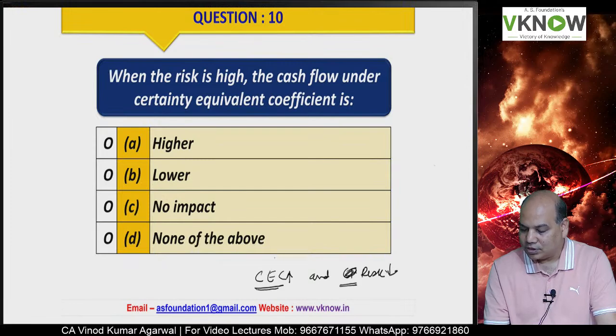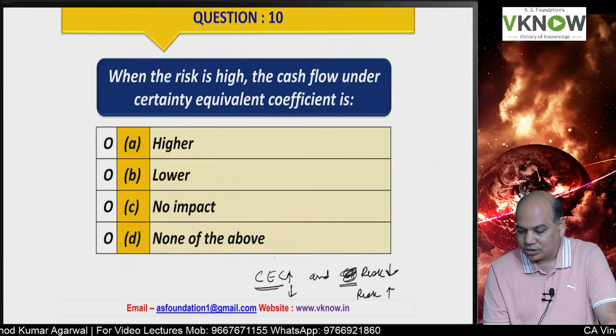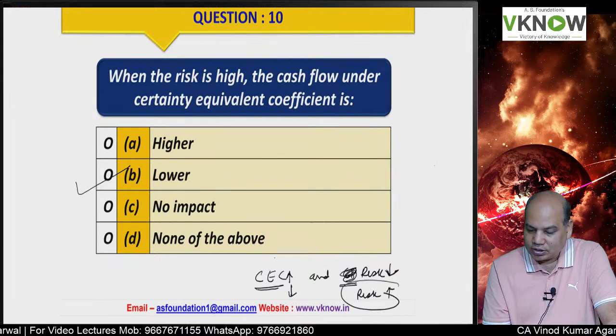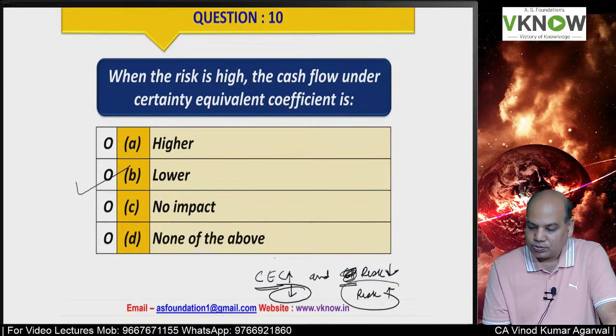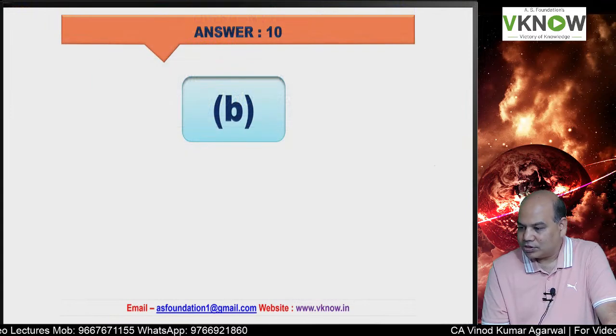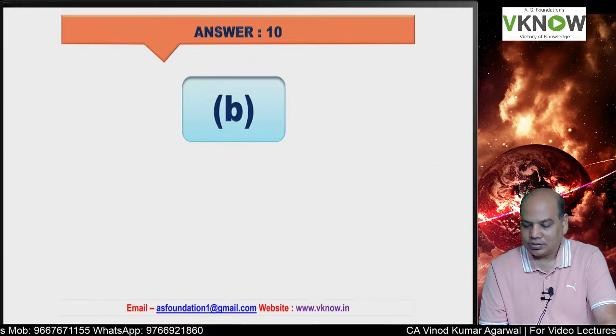CEC and risk is inversely related. But if CEC is low, risk is high. This is inverse relationship. So the answer will be B. If the risk is high, the CEC of the cash flow would be lower. So tick mark B. 10B was the right answer.